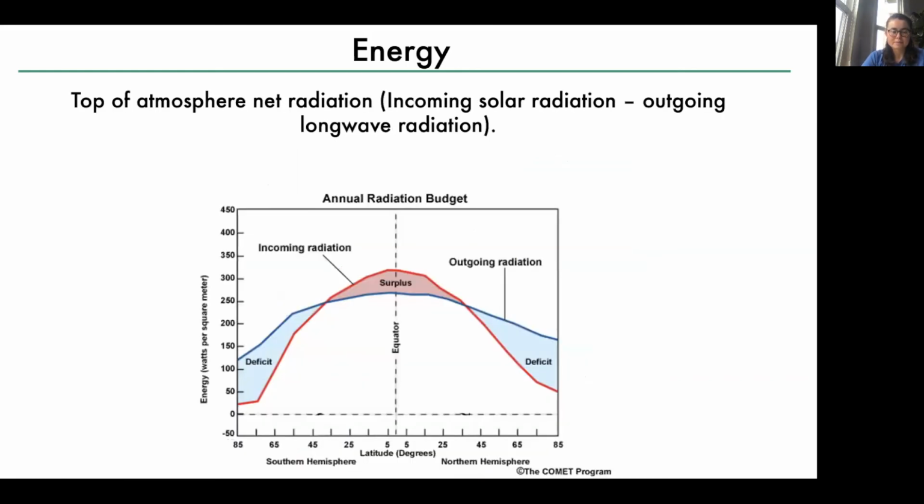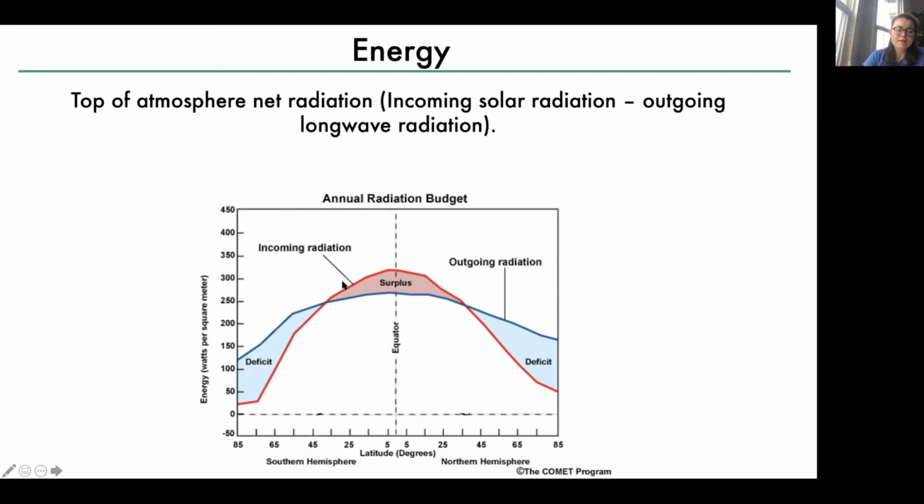And then to just sort of think about what happens to that energy after it hits the Earth. This is a picture of the top of atmosphere net radiation. So it's that incoming solar radiation minus the outgoing terrestrial long wave radiation.